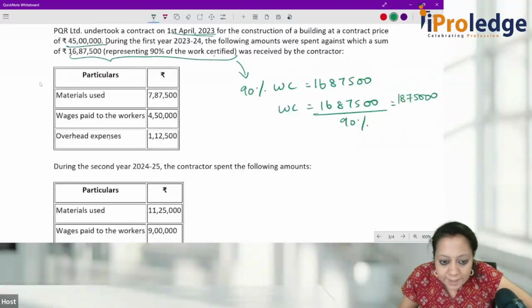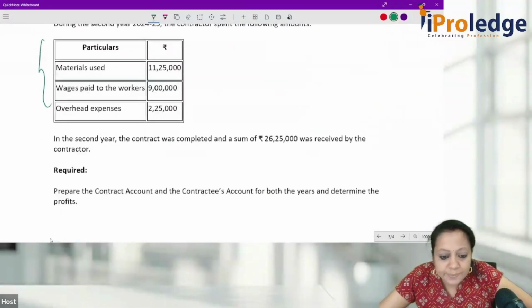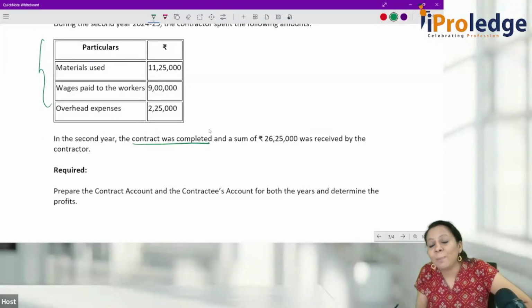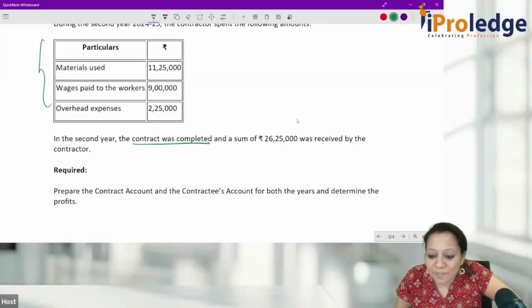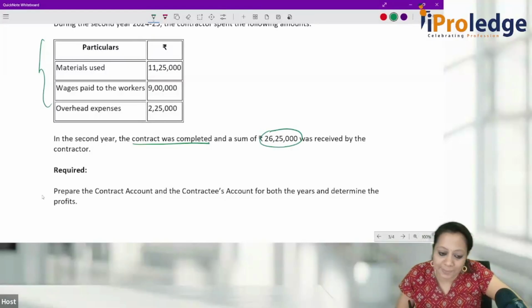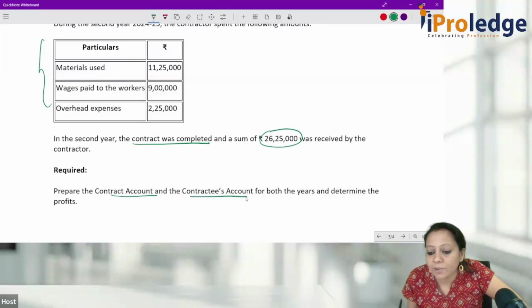So the first year, these are the items. Second year, these are the items. In the second year, the contract was completed. That means the full profit has to be recognized in the second year. A sum of 26 lakh 25,000 was received by the contractor. Prepare contract account and contractee's account for both the years and determine the profits.